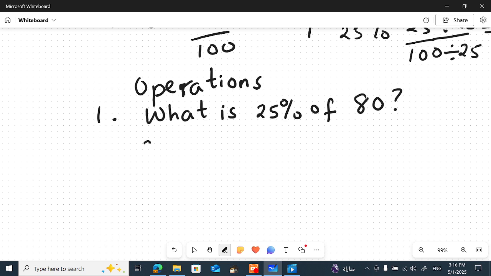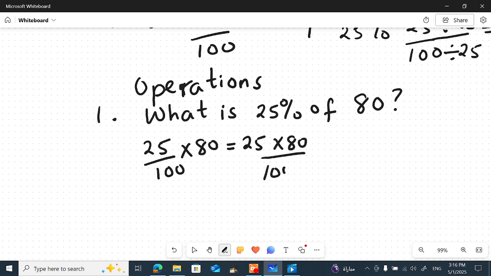So you'll say easily, 25% means 25 over 100, multiplied by 80, which will give you 25 times 80 out of 100. 25 times 80 gives you 2,000. 2,000 divided by 100 will give you 20. So 25% of 80 is 20. That is one scenario.